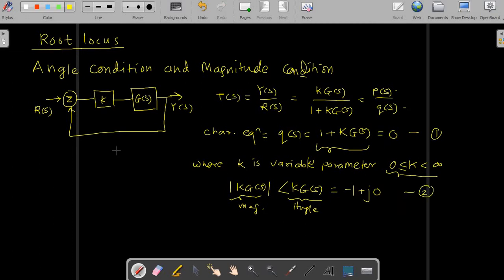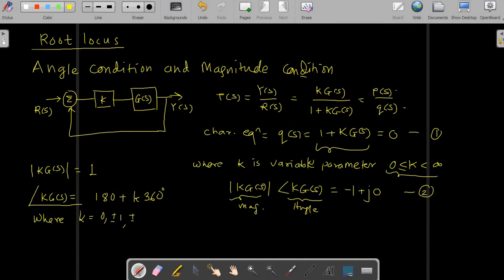From this equation, we can write mod of K G of S is equal to 1, and angle of K G of S is equal to 180 plus small k times 360 degrees, where the small k is equal to 0, plus minus 1, plus minus 2, and so on.